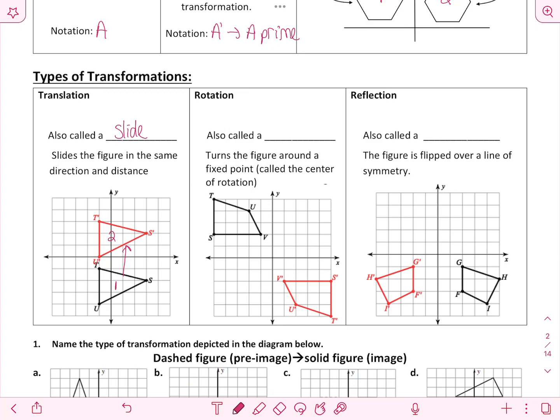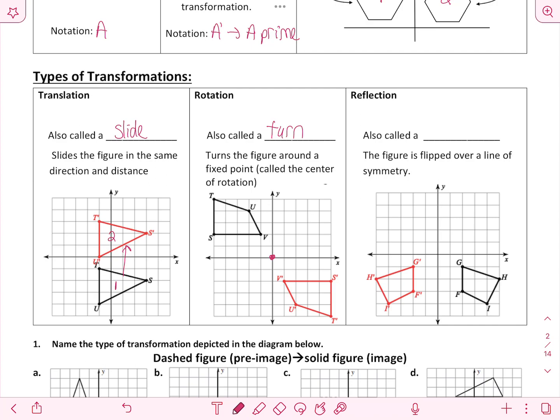All right. Our rotation is called a turn. It turns around a fixed point called the center of rotation. A lot of times, at least at the beginning when we look at rotations, we use the origin.